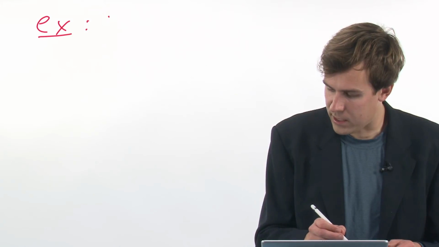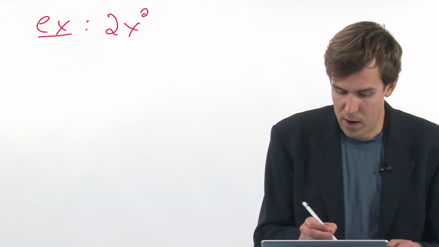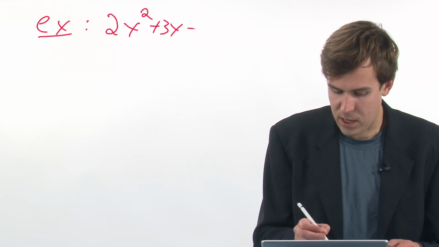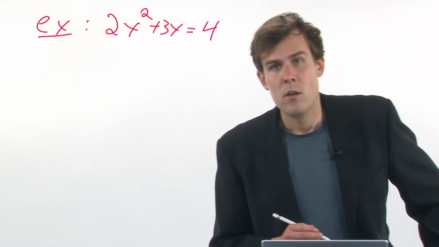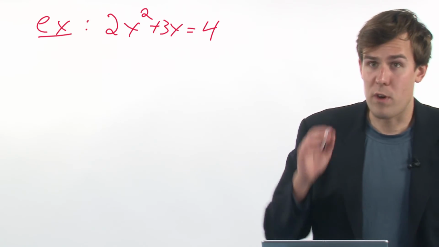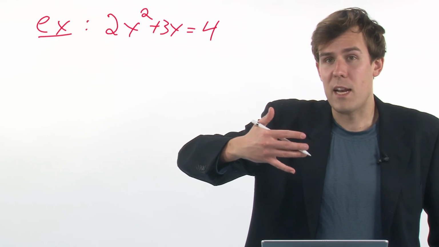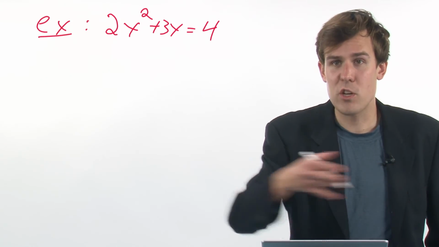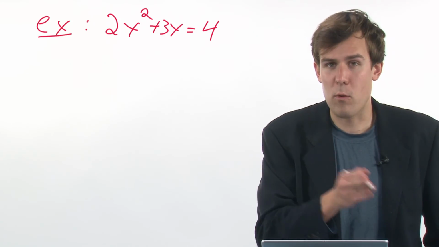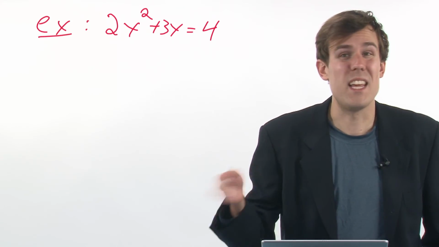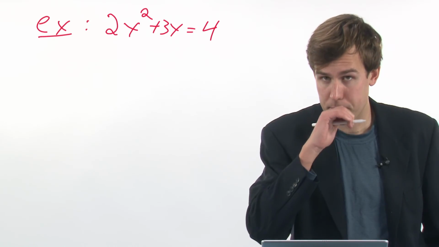So let's look at one more quadratic. Let's look at 2x squared plus 3x equals 4. On the face of it, this doesn't really fit the quadratic formula, right? The quadratic formula would say I need to have some quadratic function equals 0. Here I have a quadratic function on the left, but then it equals some non-zero constant.